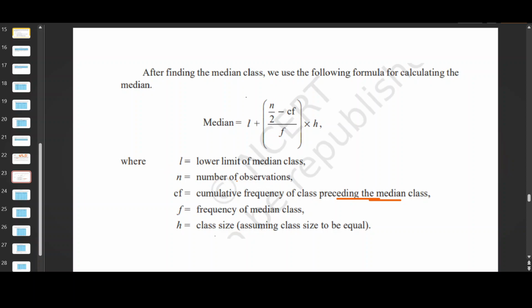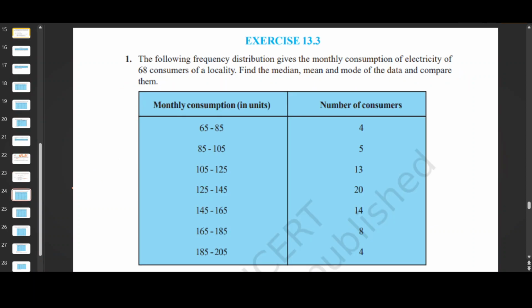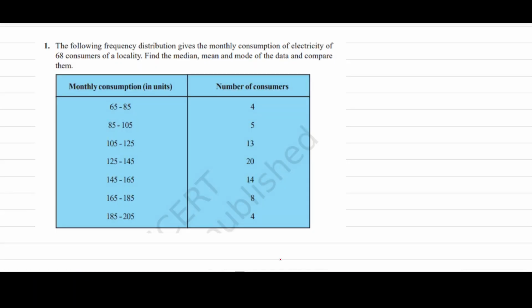Now we should solve question number 1 of this exercise. The following frequency distribution gives the monthly consumption of electricity of 68 consumers of a locality. Find the median, mean, mode.